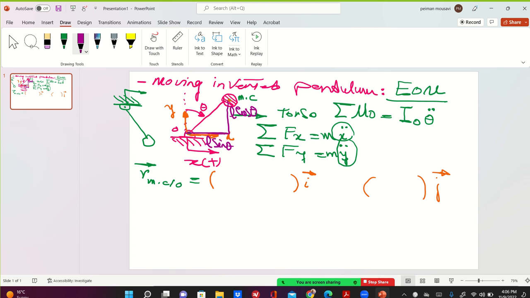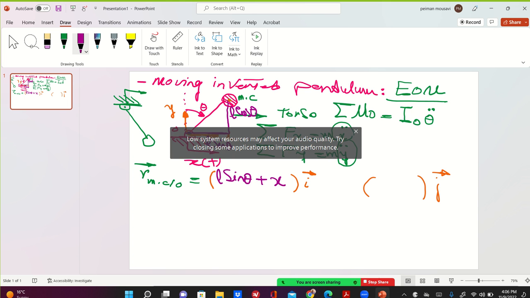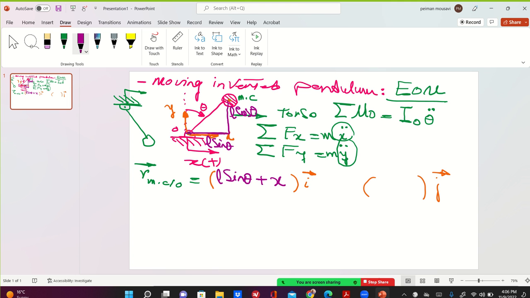So what is the I component of the mass center? Come on, look at it. That's it? Yes, plus x, because O itself is moving, point O, with x of t. And the J component is plus L cosine theta, because this is above the datum.